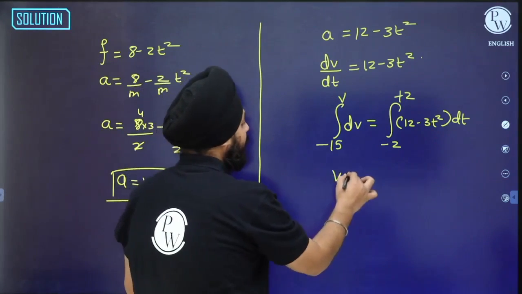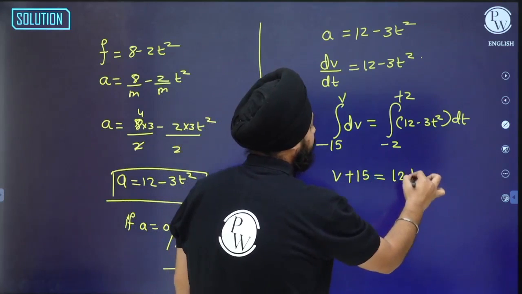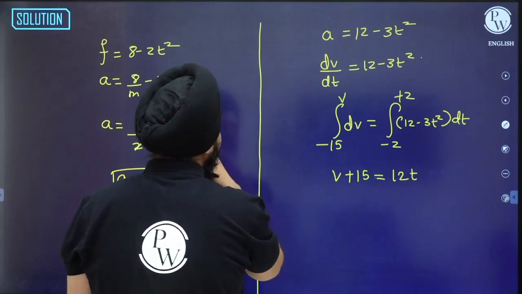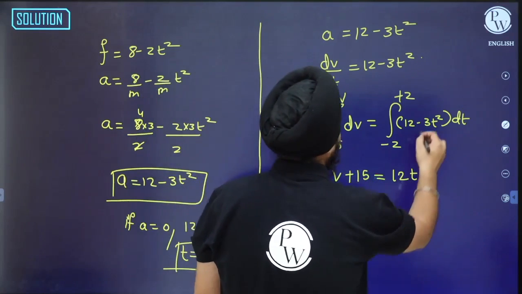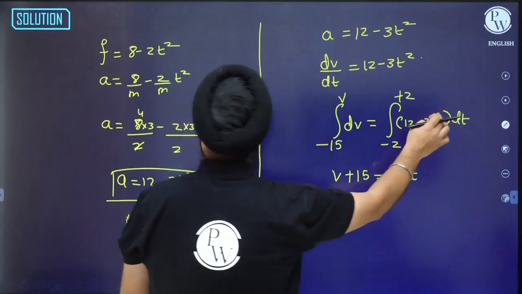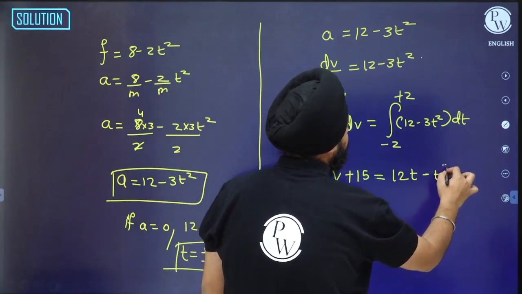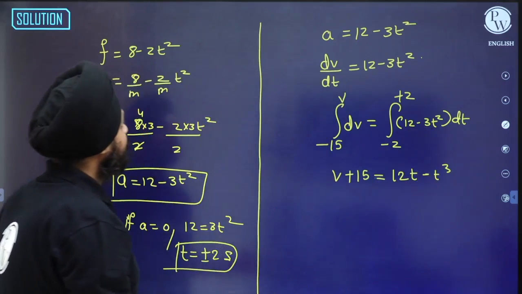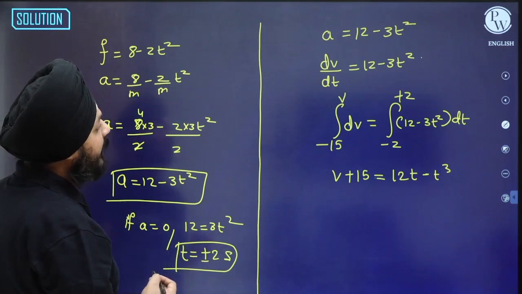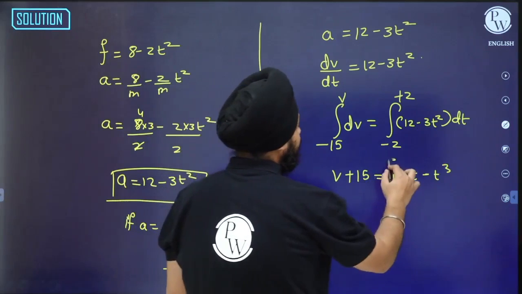Integrated, v plus 15 is equivalent to the integral of 12 minus 3t square, so it is 12t minus t cube, right? 12t minus t cube by 3, and the 3s cancel, right?